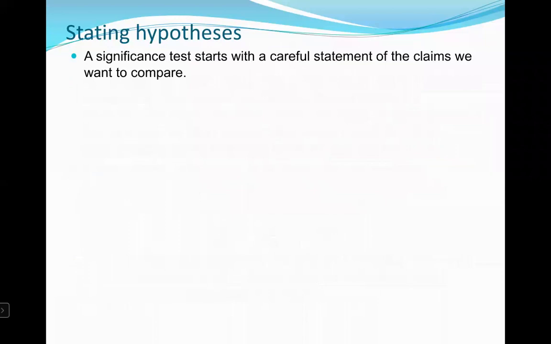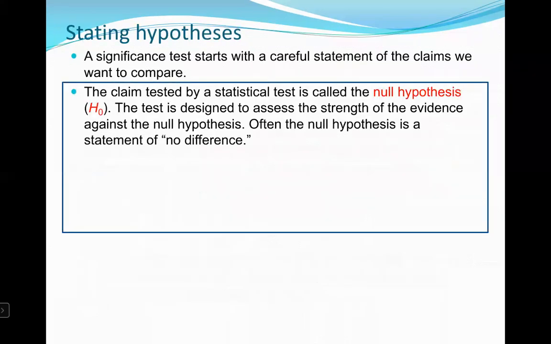Stating hypotheses. A significance test starts with a careful statement of the claims we want to compare. The claim tested by the statistical test is called the null hypothesis, or H naught, H subscript 0. The test is designed to assess the strength of the evidence against the null hypothesis.